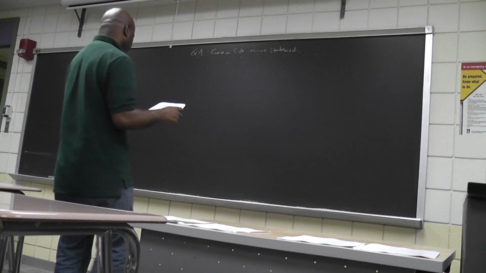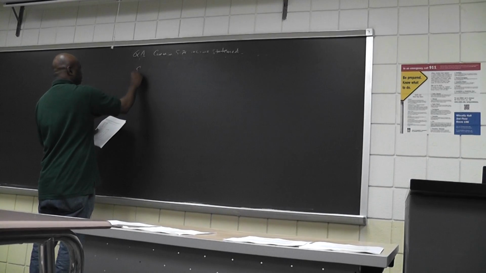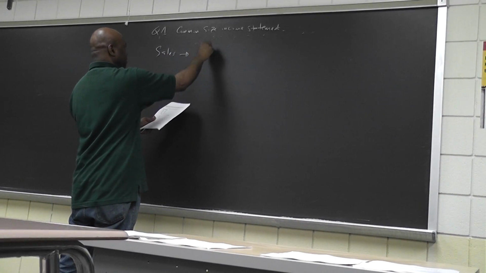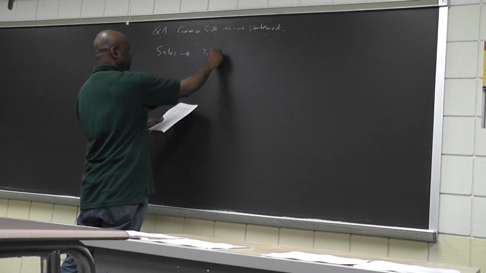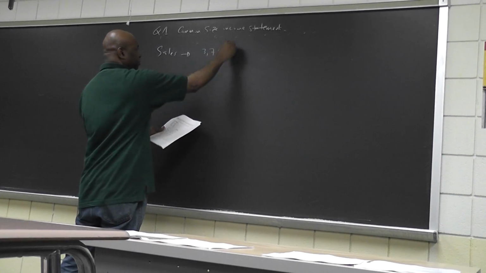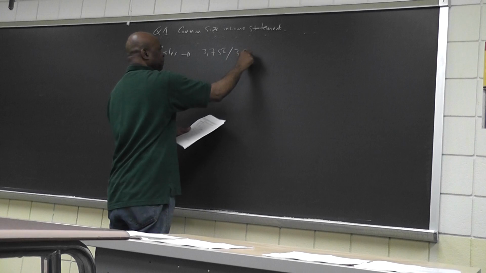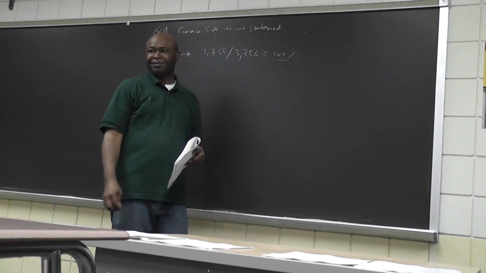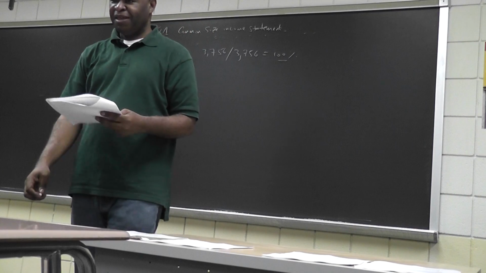For example, the first one would be 3,756, is that correct? Mm-hmm. And then you divide by 3,756. Obviously, that will give you 100%, right? Make sense? And then you go to the next one.